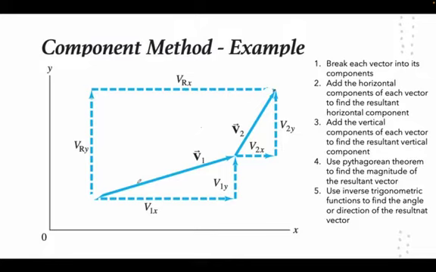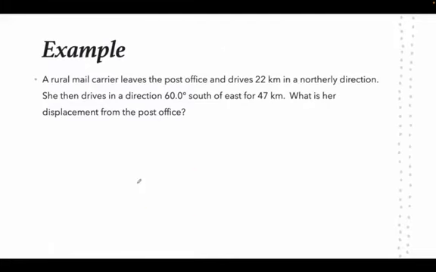Then we use the Pythagorean theorem to find our resultant. Then we use the inverse trigonometric functions to find the angle that the vector makes with the horizontal. Easy enough? Let's make sure that we understand.